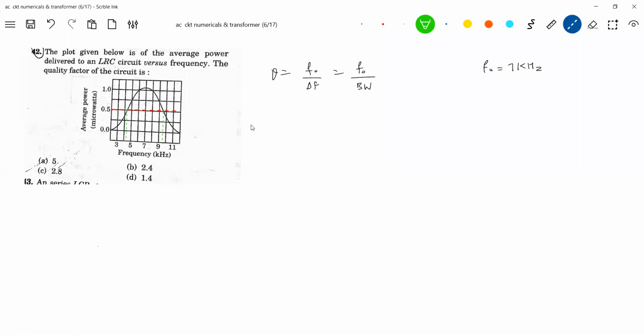So I can shade it. I'll just redraw it with some yellow color.